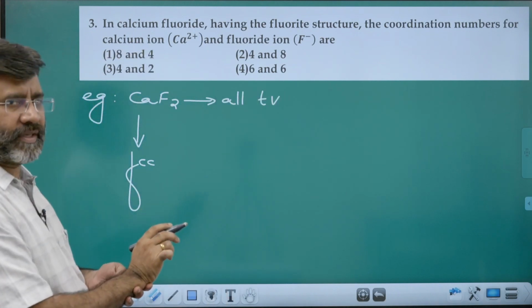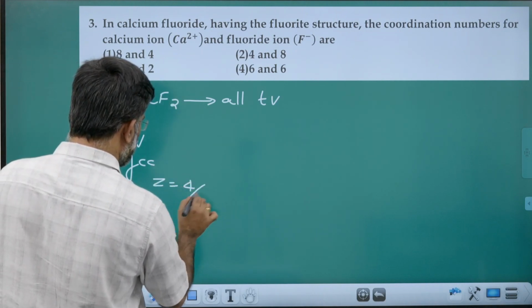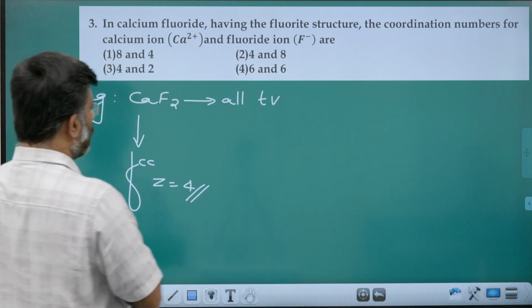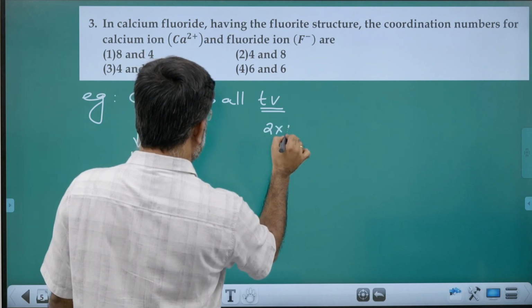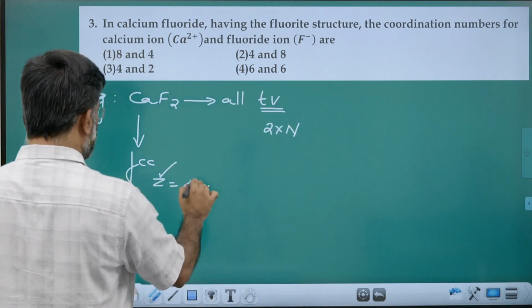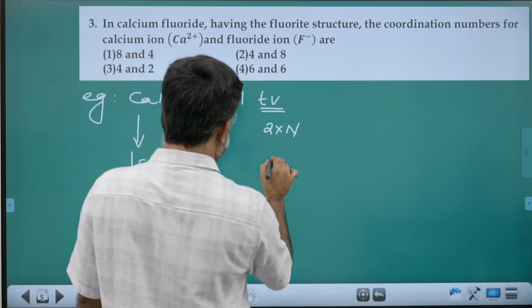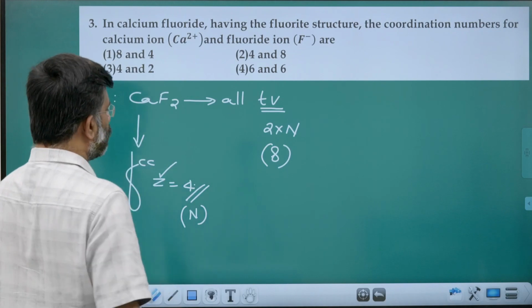Anions are present in all tetrahedral voids. So for FCC, Z is equal to 4. So there are 4 particles, that is cation. Now, how many tetrahedral voids? Tetrahedral voids will be 2 into n. N is equal to 4. Therefore, it is 8 tetrahedral voids where all you have fluorine.